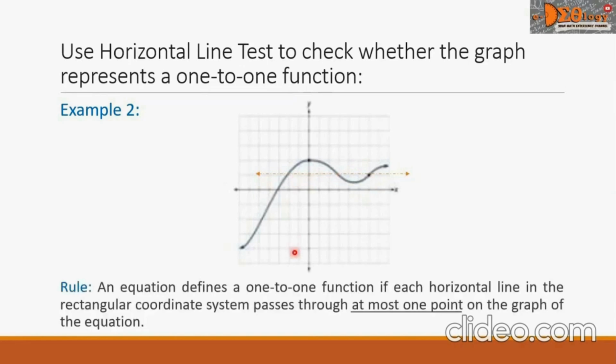But the horizontal line test says that any horizontal line must touch the graph in at most 1 point. Since this horizontal line in particular touches the graph in 3 points, we say that the given graph here is not a one-to-one function. This is our final answer.